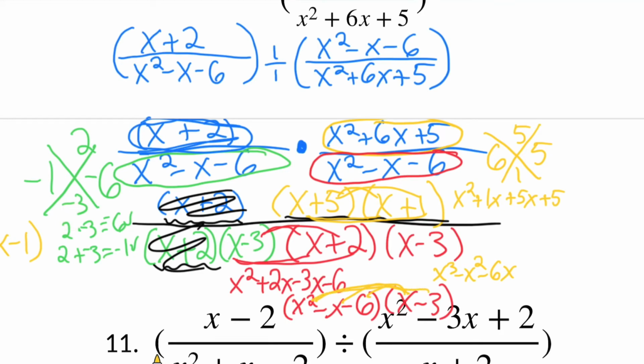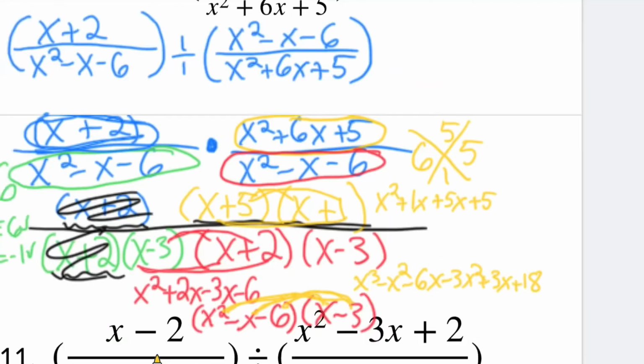Then I've got to do the same thing with my negative 3. So negative 3 times x squared, negative 3 times negative x, which is positive 3x, and negative 3 times negative 6 gives me that positive 18.